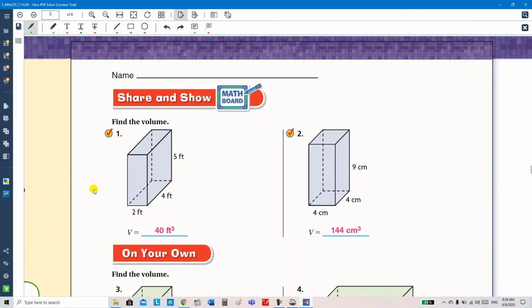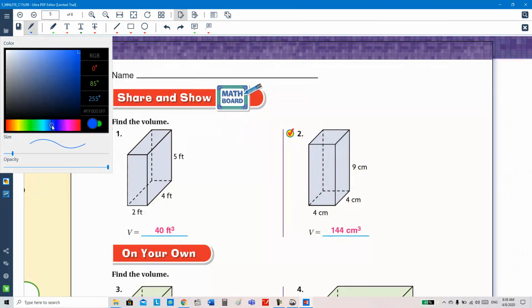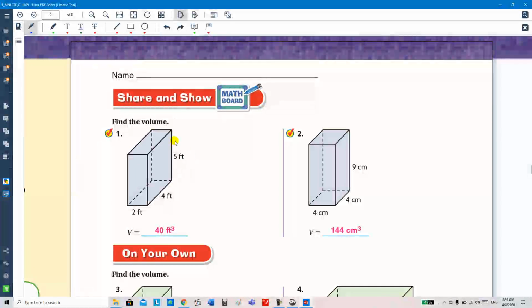Okay, here it's direct now. If you want to get the value of the volume, you have to multiply the three dimensions by each other. So let's write the formula we're going to use.